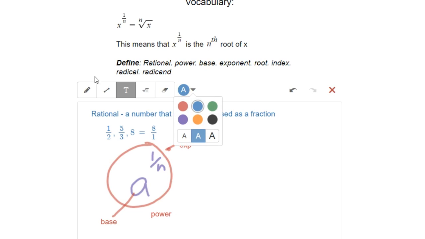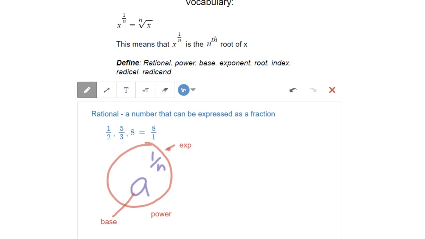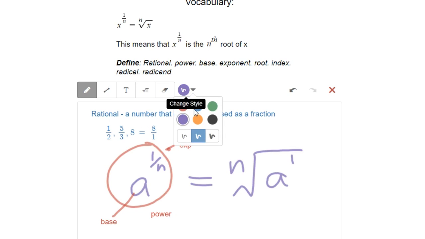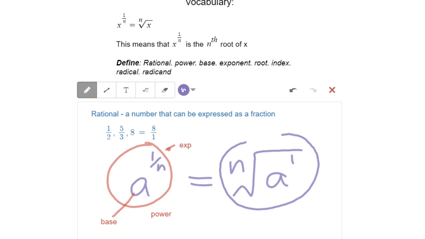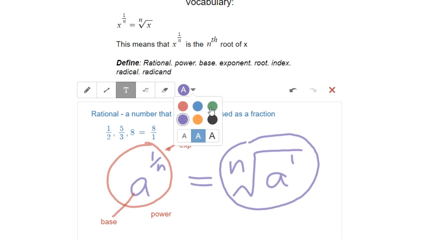Now, on the other hand, it says that our power can be equal to a radical. The whole thing that we have, this is called our radical.